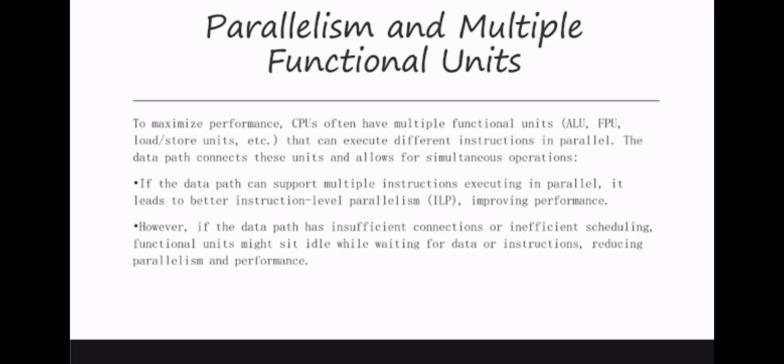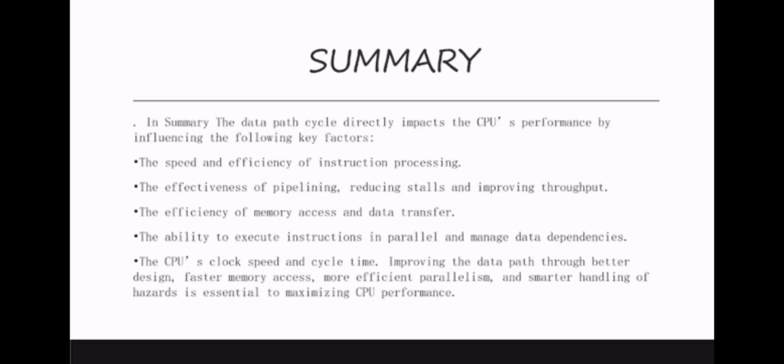If the data path can support multiple instructions executing in parallel, it leads to better instruction-level parallelism, ILP, improving performance. However, if the data path has insufficient connections or inefficient scheduling, functional units might sit idle while waiting for data or instructions, reducing parallelism and performance.